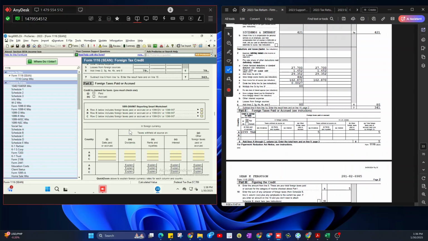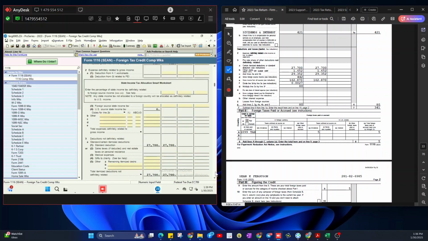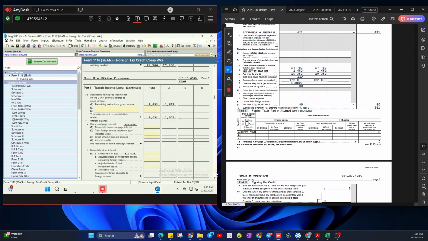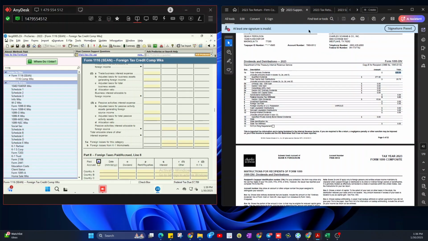And then what we have to do is date paid or accrued. For part 2, let's say paid. Let's go to the worksheet. For part 2, is paid. This has been paid.